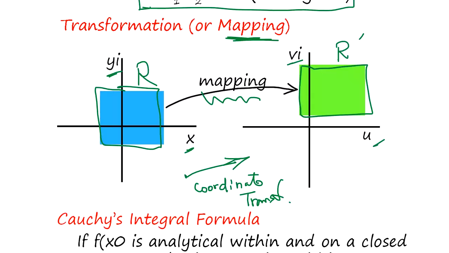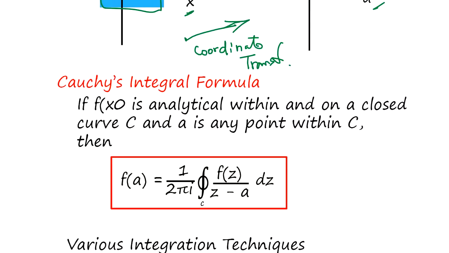Okay, now Cauchy's integral formula. We defined the derivative. How about the integral? Say f(z) is analytic within and on a closed curve C, and A is any point within C. We take an integral loop.